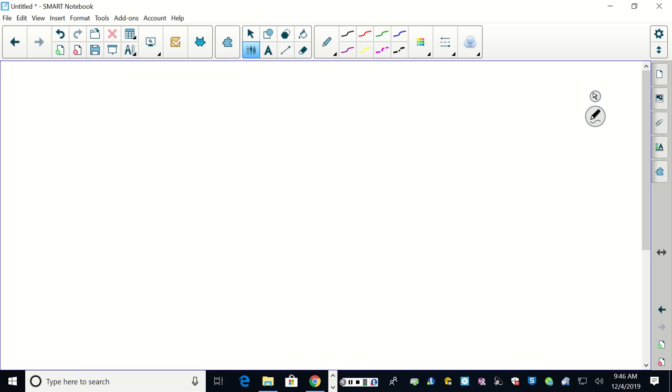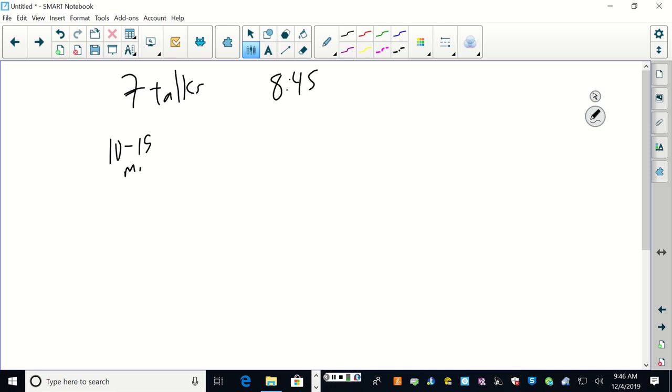We have one joint presentation, so there are seven talks in all. If we start at 8:45, talks could be 10 to 15 minutes. It's not necessarily that you use the entire time, but there is enough time to tell more of a story: give some outline of what you're going to talk about or how it's relevant, and some background.